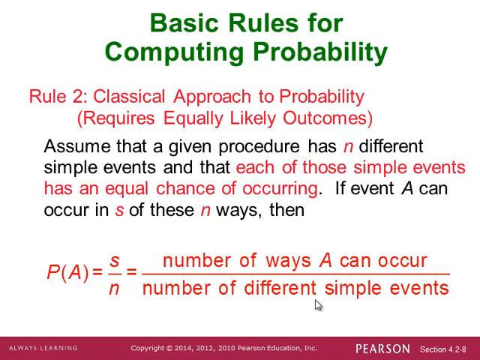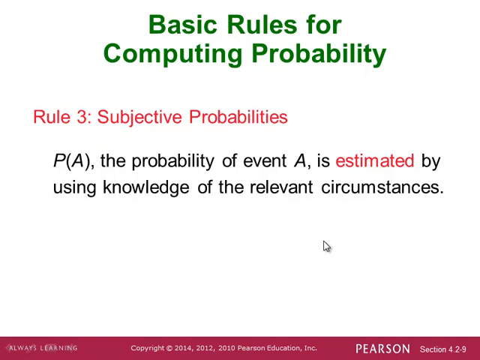So the probability of rolling an odd number will be 3 out of 6, because there are 3 odd numbers that are possible, 1, 3, and 5, and there are 6 different possible outcomes from rolling the die, so you'd have 3 divided by 6. In other words, 1/2, or 0.5, or 50%, would be the probability of rolling an odd number.